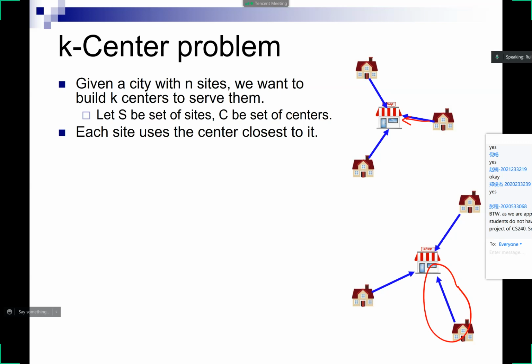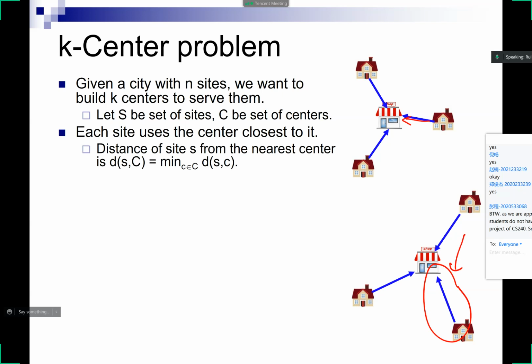This is the farthest distance that any person is from their nearest grocery store. Our goal for the K-center problem is that we get to put K of these stores anywhere we want, and we want to minimize this maximum distance that somebody has to travel. So we want to minimize the maximum distance.